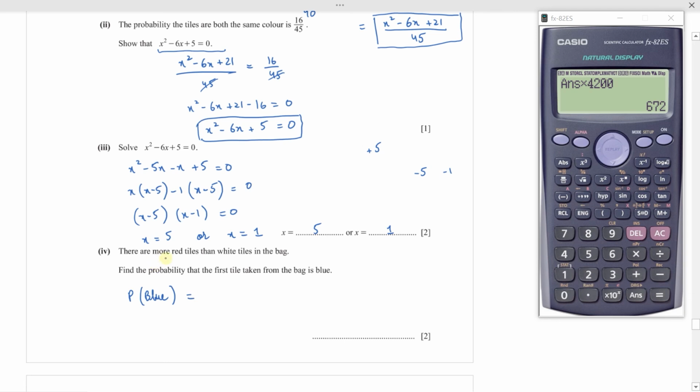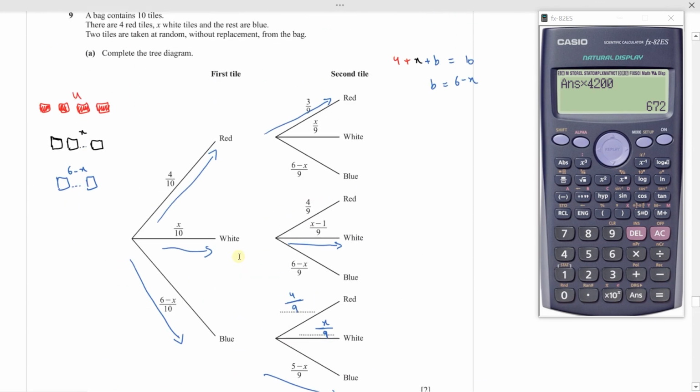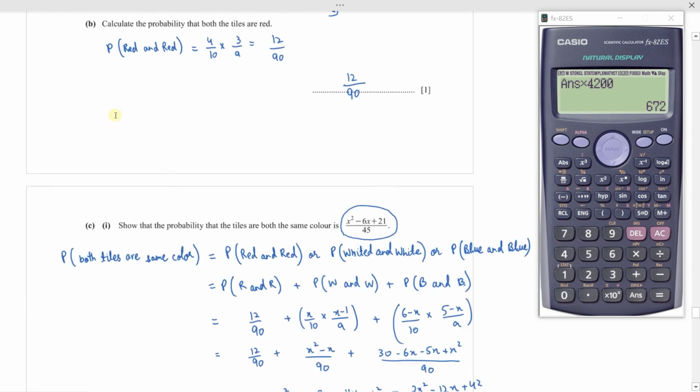Now you're given that there are more red tiles than white tiles. So if we go back, these are white here. That means the value of x should be less than 4. That is the only way we can ensure that the number of white tiles is less than the red tiles.